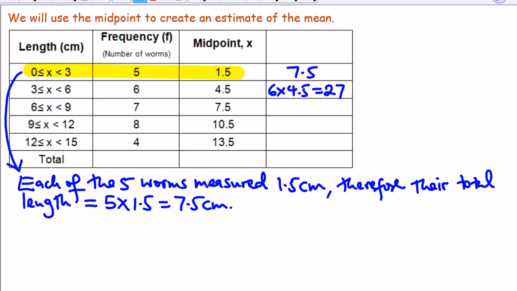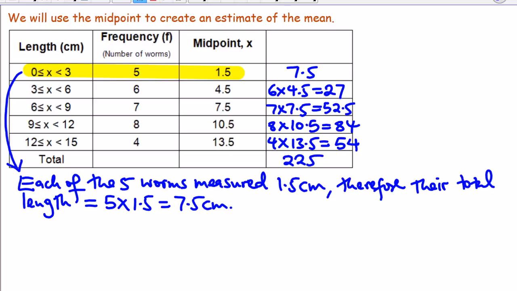Next, we have 7 times 7.5, which gives us 52.5. Then 8 times 10.5, which gives us 84. Then 4 multiplied by 13.5, which gives us 54. In total, if we add all this, we'll have 225.